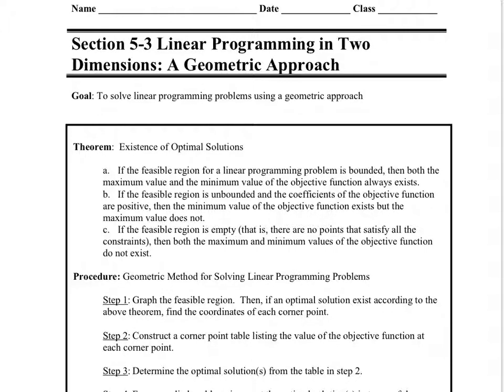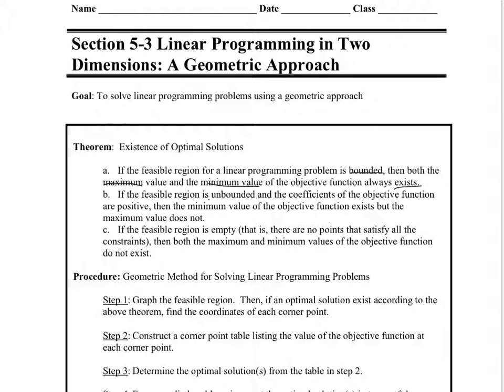Now, notice in this theorem, existence of optimal solutions, as long as the feasible region is bounded, then you're going to have both a maximum and a minimum value exist that will definitely occur as long as the entire region is bounded.